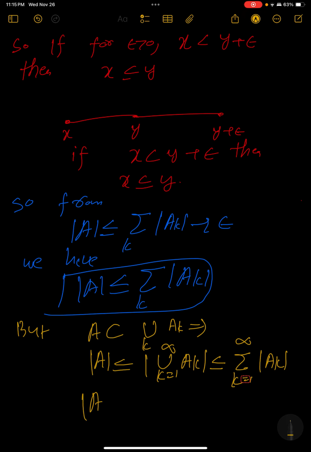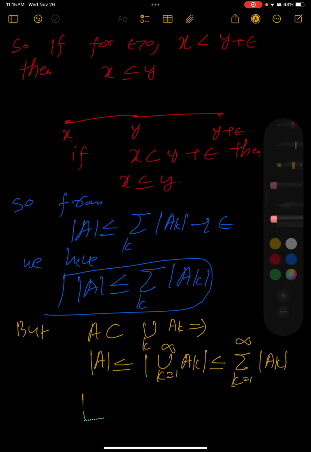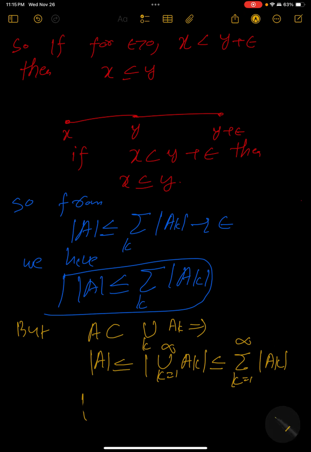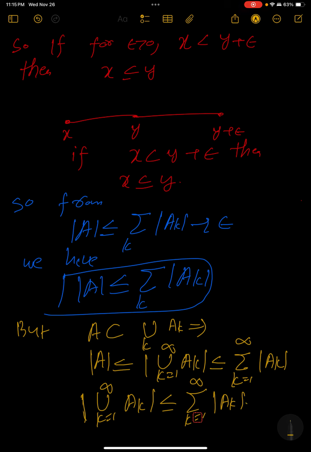So our actual result is that the outer measure of the union of k equal to 1 up to infinity Ak is less than or equal to the sum over k equal to 1 up to infinity of the outer measure of Ak. That is our actual proof. This is called the monotonicity.